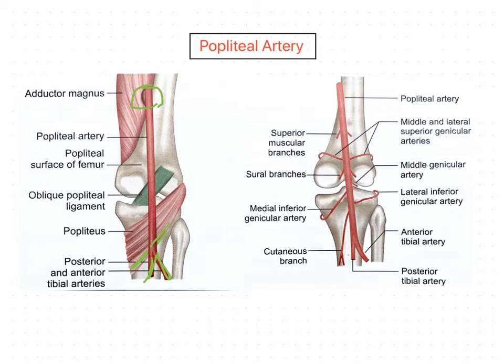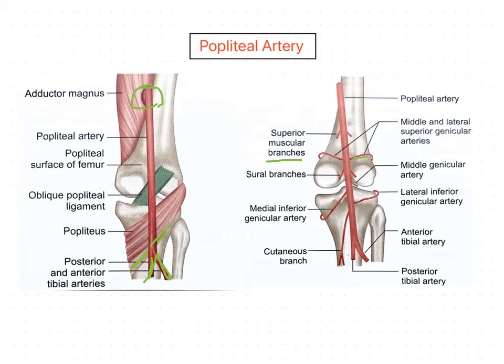In its course, the popliteal artery gives many branches. It gives some superior muscular branches, and also some genicular branches, which supply the knee joint.